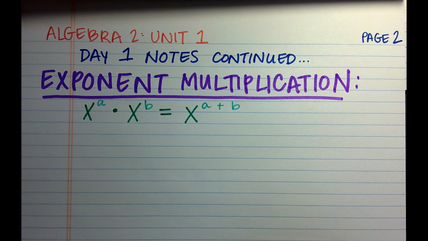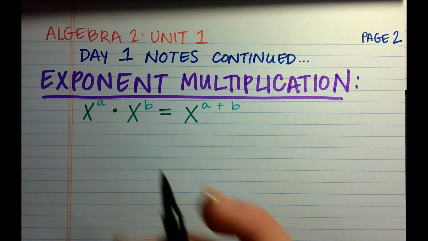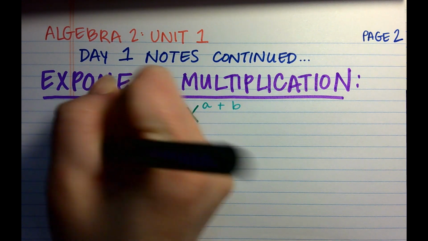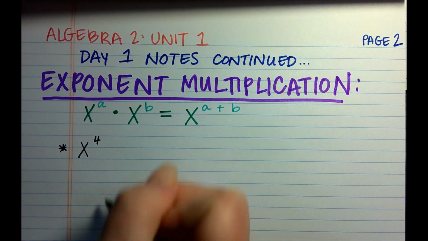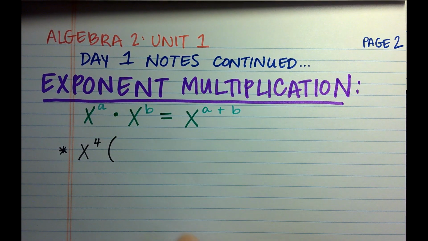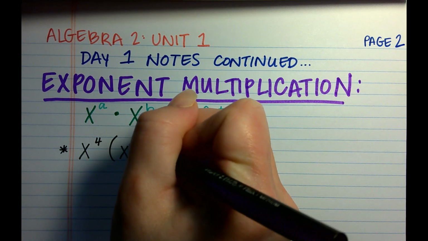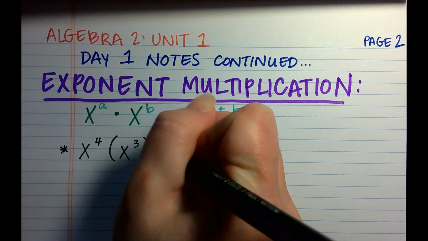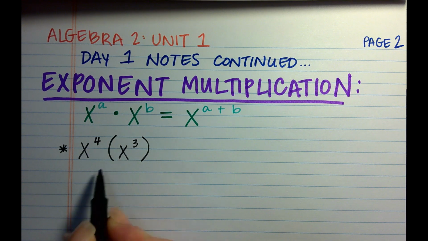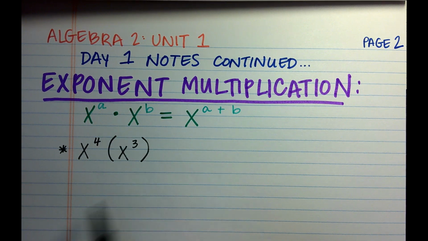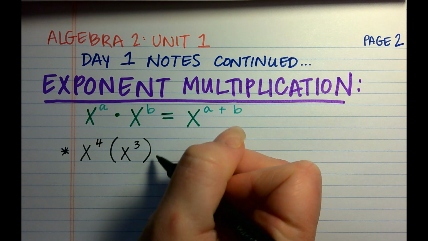So let's give an example. For example, x to the fourth power times x to the third power. This is another way to write multiplication, doing it with parentheses around one of the terms or both, equals.